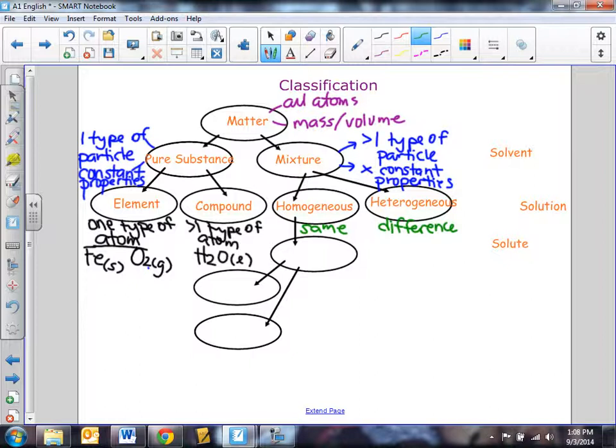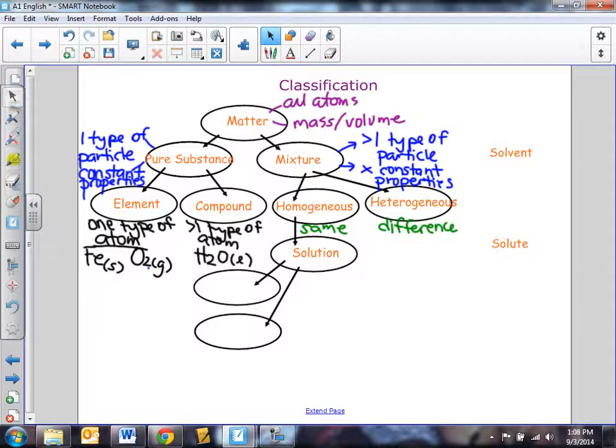Now, before we do some examples, I'm just going to fill in the other words that go beneath this. Very frequently, the word solution is used synonymously with a homogeneous mixture. Most of the time, a homogeneous mixture is a solution, usually one where water is the solvent and some sort of solid is the solute.